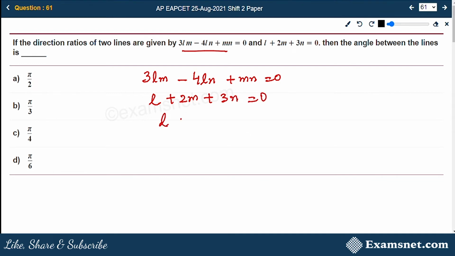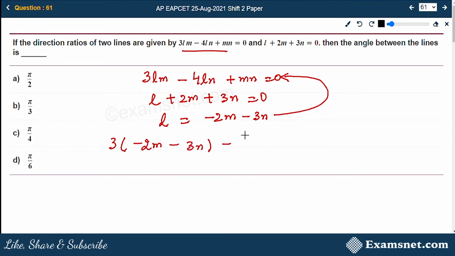So this gives you l is equal to minus 2m minus 3n. Right? Now let's fill this value in the first equation. This will give you 3 into minus 2m minus 3n minus 4ln plus mn is equal to 0, minus 6m minus 9n minus 4ln plus mn is equal to 0, right?